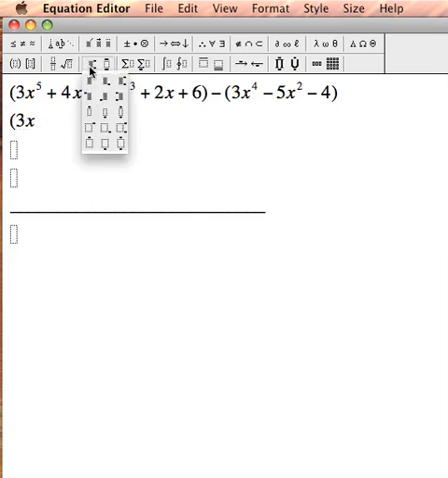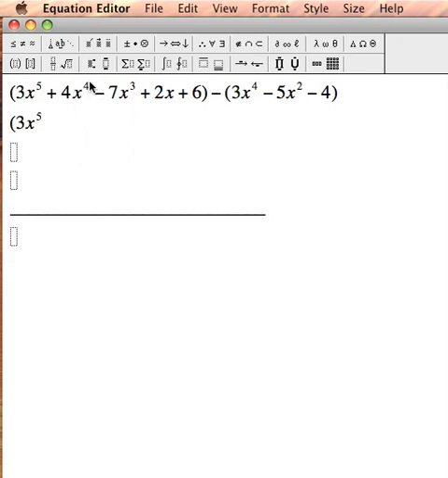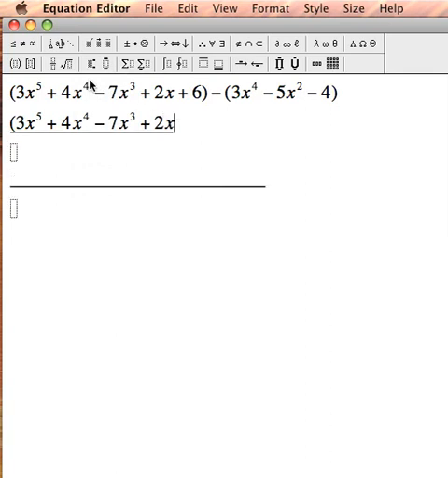So 3x to the fifth power plus 4x to the fourth power minus 7x to the third power plus 2x plus 6. That's not going to change.